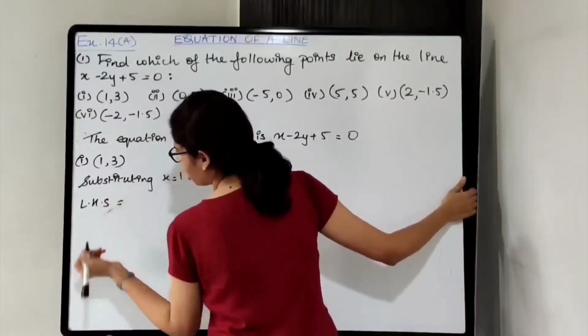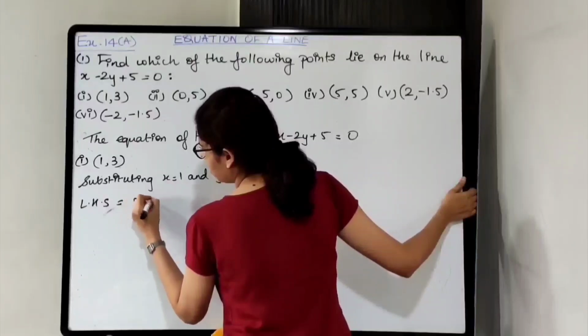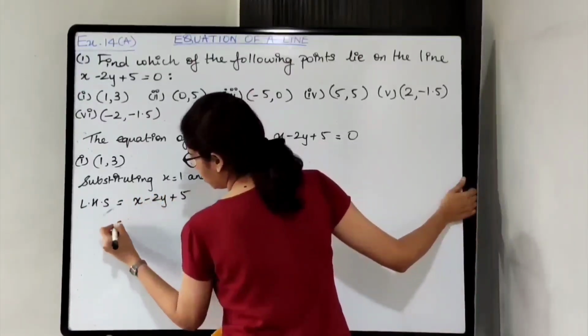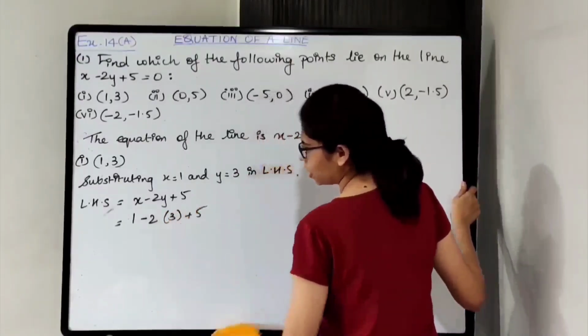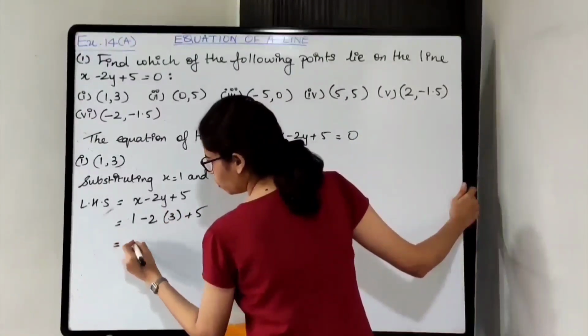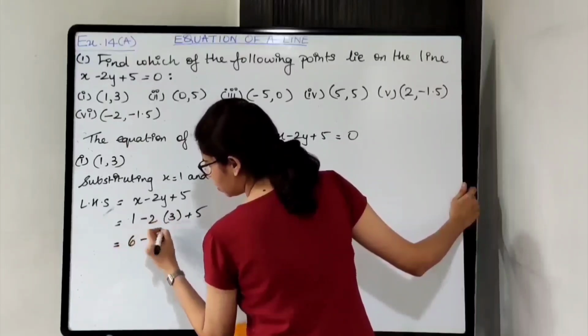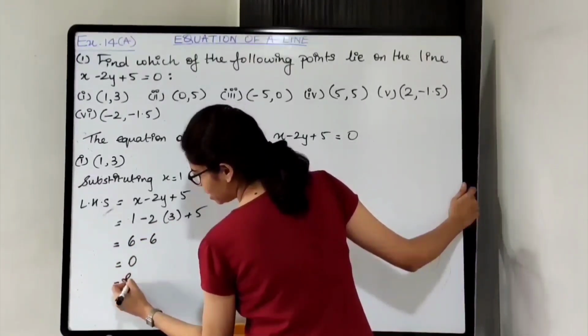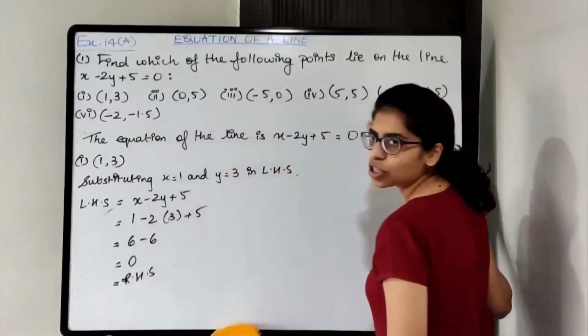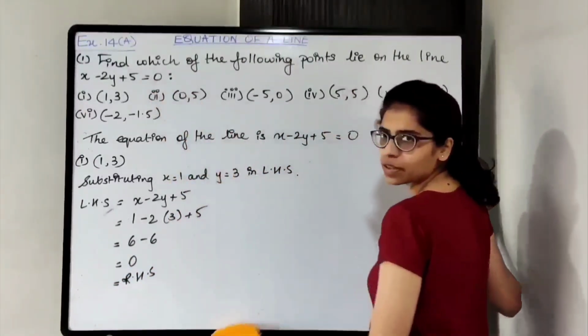So it will be 1 minus 2 into 3 plus 5. So 1 plus 5 is 6 and 2 3s are 6. So 6 minus 6 gives 0. So yes, it is equal to RHS. RHS is 0.